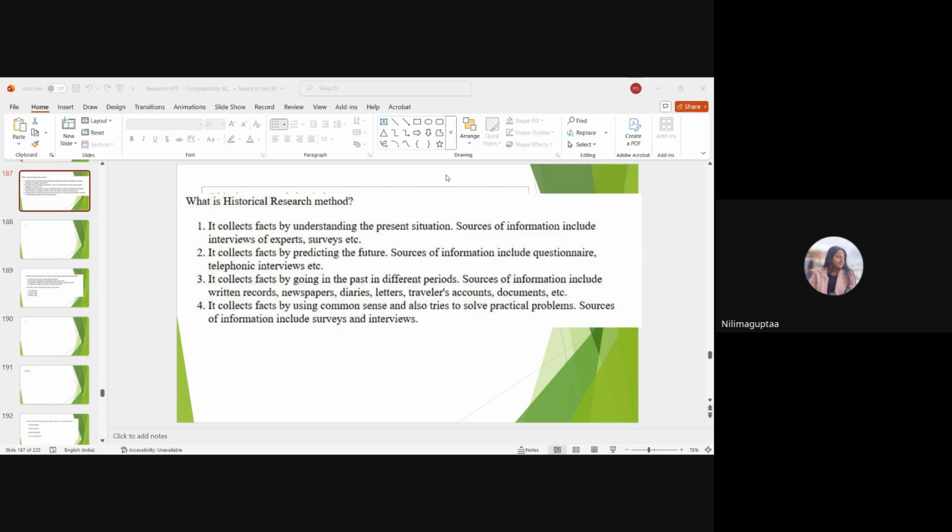Common sense is directly a wrong answer. History. So the direct answer is going into the past rather than the present or future. So the correct answer will be the third one.